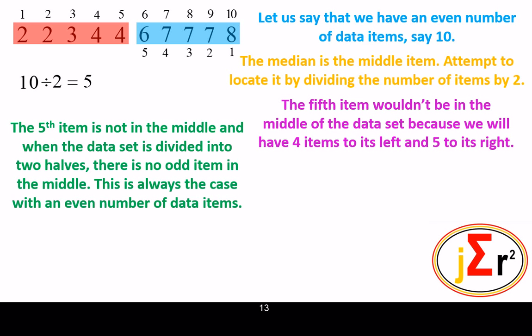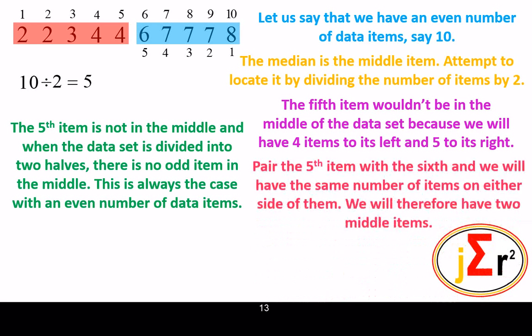When we get the result and identify the data item associated with that number, we discover that it is not in the middle of the data set. Then, when we divide the data set into 2 equal parts, there is no number in the middle. That is always the case when we have an even number of data items.